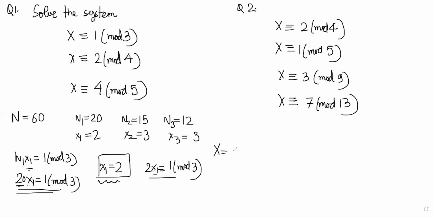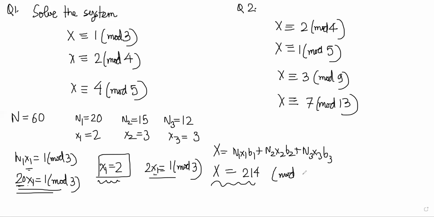It will come out to be 214, and mod 60 you have to say, because that was mod n. So that is 34 mod 60, right?